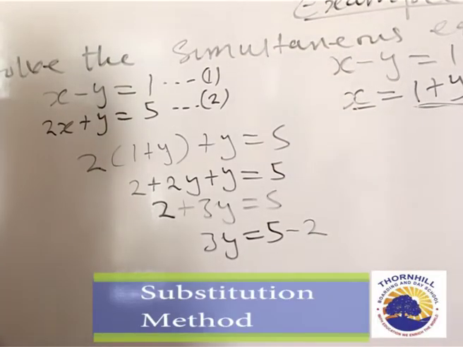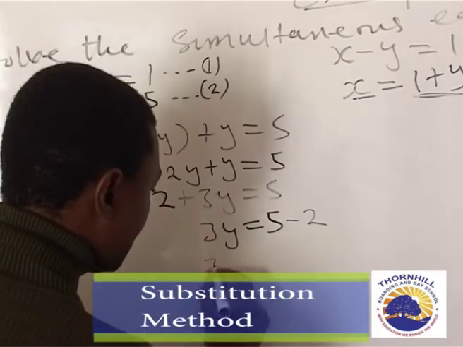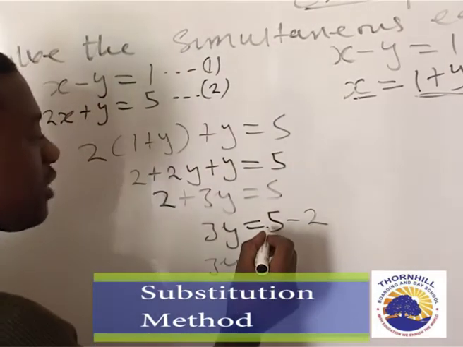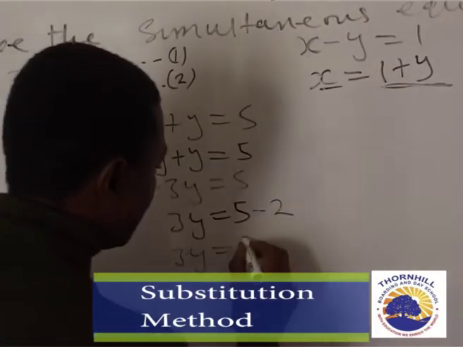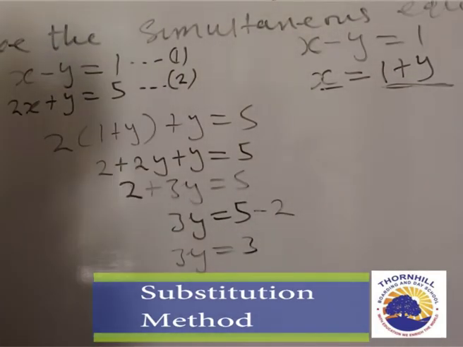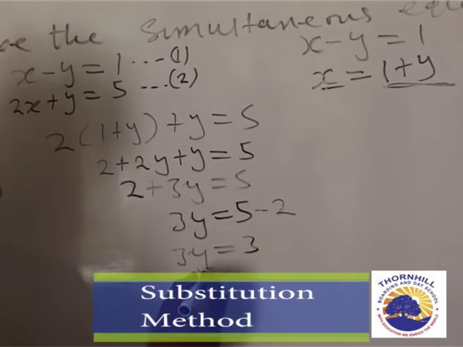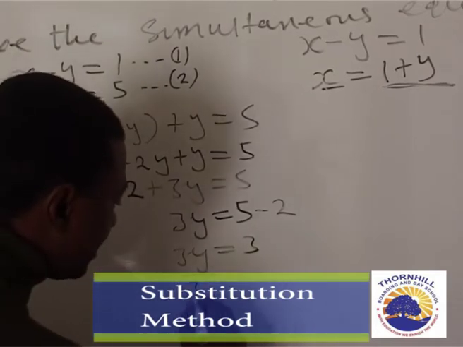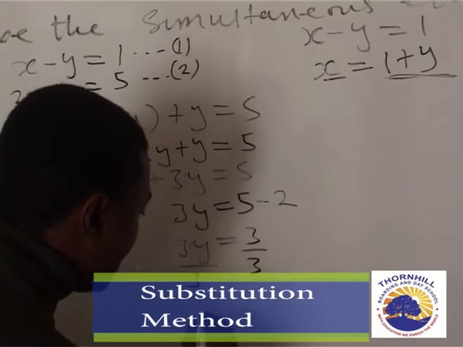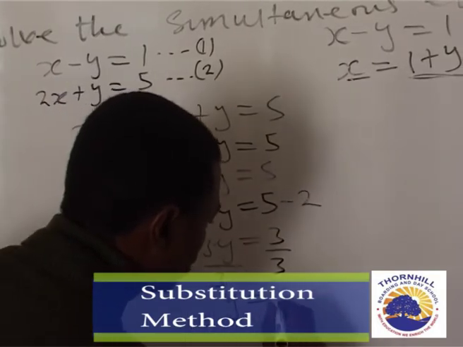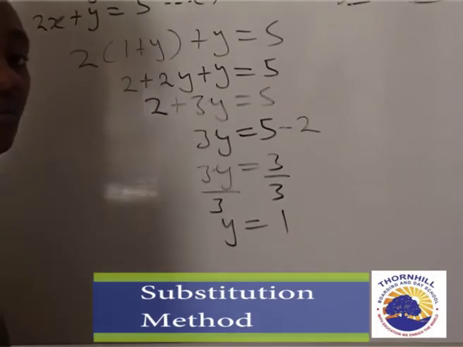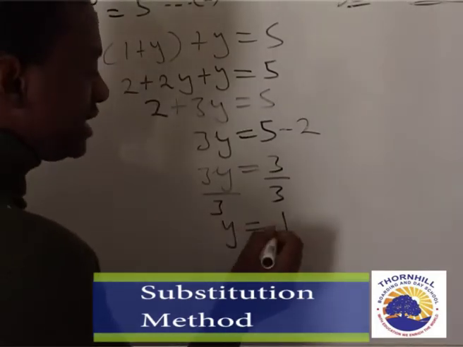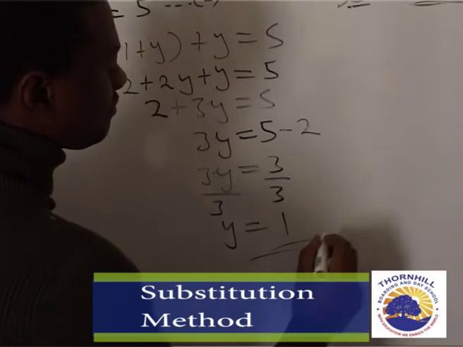Then, we're going to have 3y is equal to 5 minus 2, which is 3. Then to find the value of y, we'll divide by 3, this side too will divide by 3. Therefore, y is equal to 1. It means the value of y in this simultaneous equation is y is equal to 1.